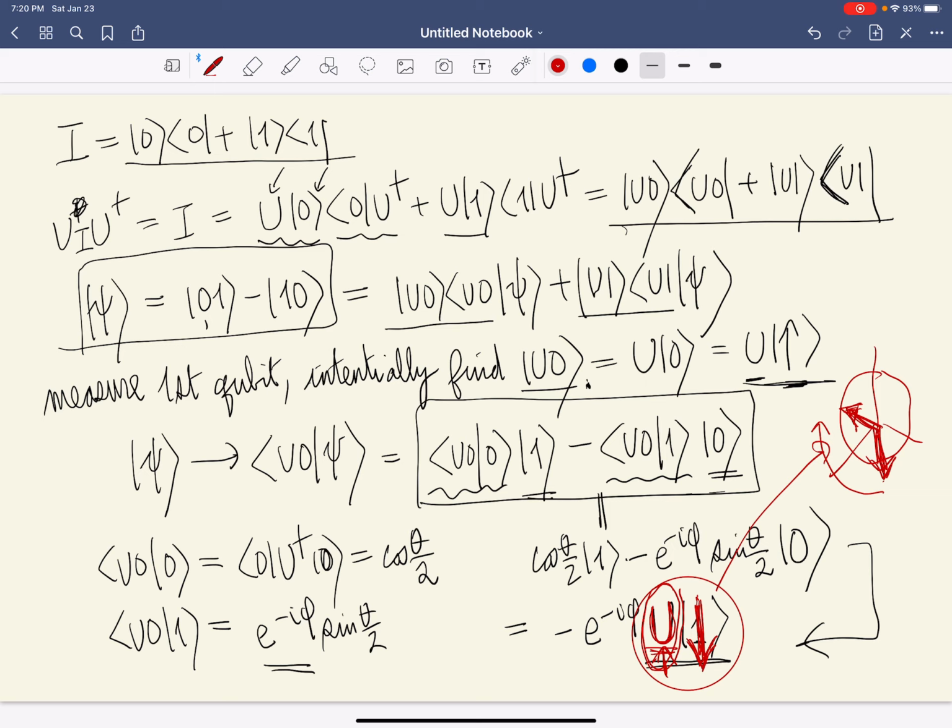All you have to do is to exercise a careful control on the measurement of the first qubit, so that the outcome of the measurement of the first qubit will always be the u0.